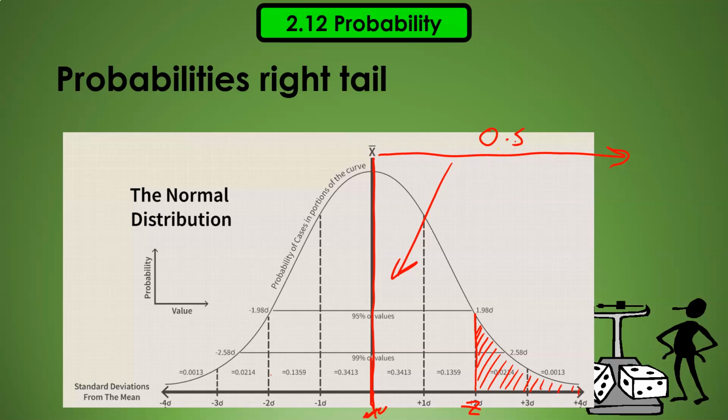So if we can use the value from the table and take that away from 0.5, we end up finding the leftover area there. So that's what we mean by the right tail: a z value that's above the median, and the area above that.